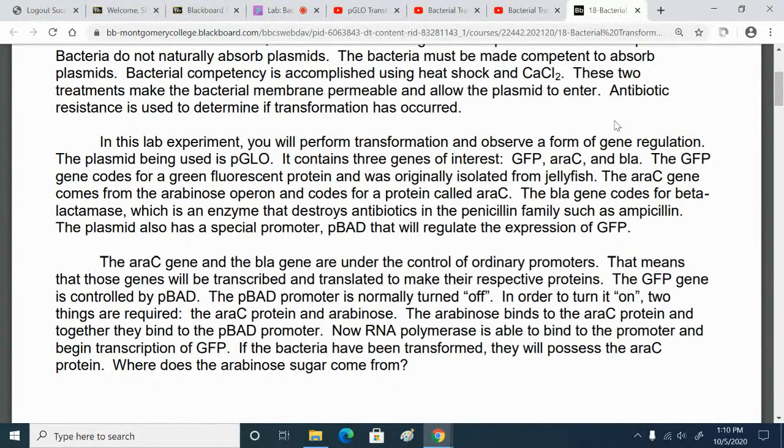RNA polymerase cannot hop on and start transcribing. So the green fluorescent protein gene has that special pBAD promoter. So that gene is turned off because the promoter's turned off. And we're going to learn later how to turn on that promoter so the GFP gene can be transcribed and translated, right, to make the green fluorescent protein.